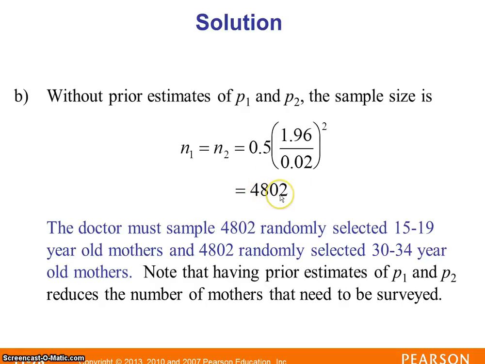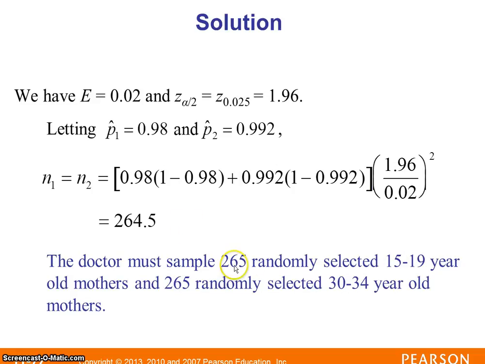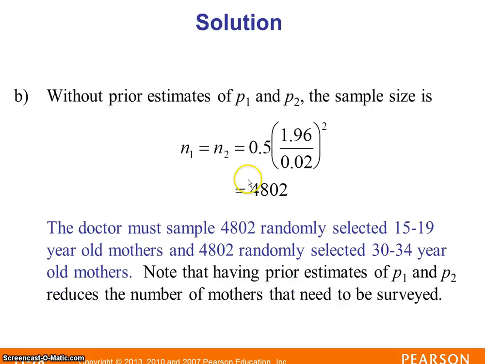It's obviously large enough because the minimum sample size would be 265. So if cost is a consideration, you might want to try to obtain prior estimates if you can. But if cost is not really a factor, this would obviously be far more than you would need.